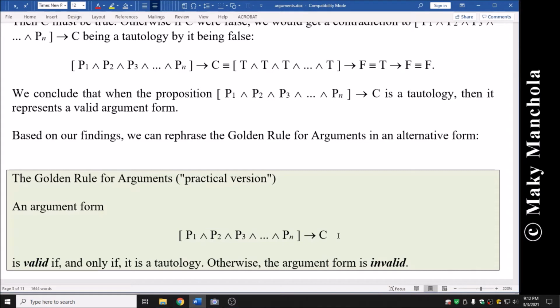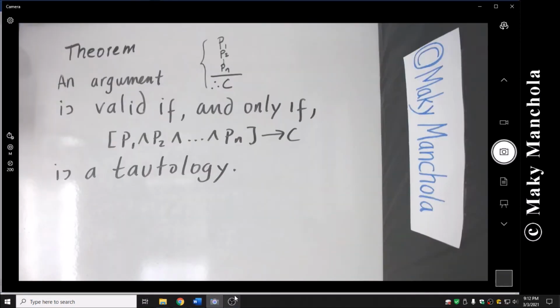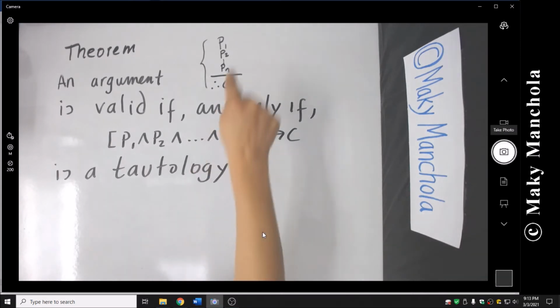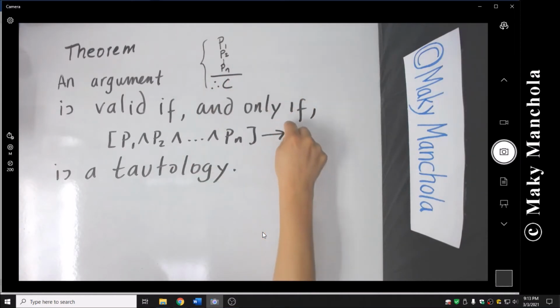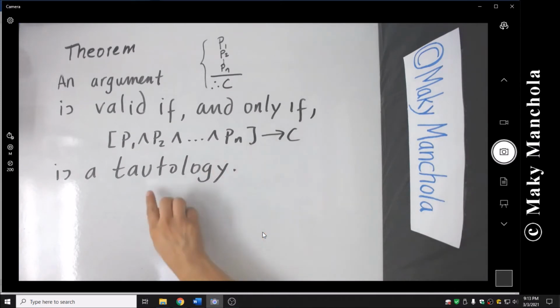Otherwise, the argument is invalid. So here's what we're saying. This is a theorem. This argument form will be valid if and only if I know that the conjunction of the premises implies the conclusion is a tautology.